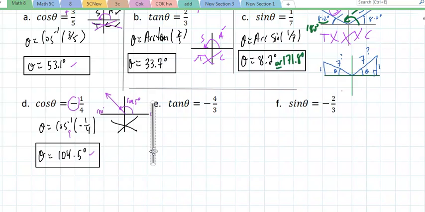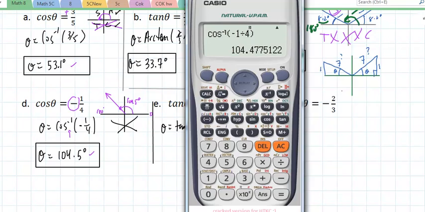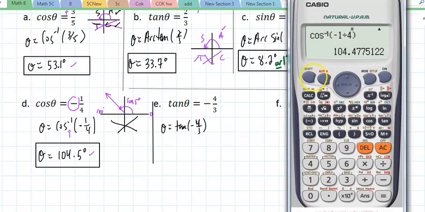So, again, tangent: if I say, let's use the calculator, theta equals the arctangent of negative 4/3. If I take the inverse tangent of negative 4 divided by 3, I'll get negative 53.1 degrees.